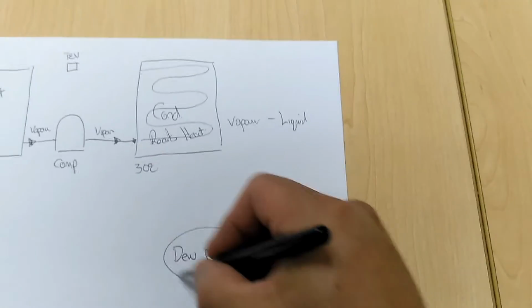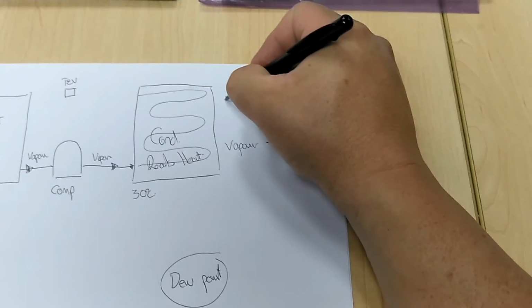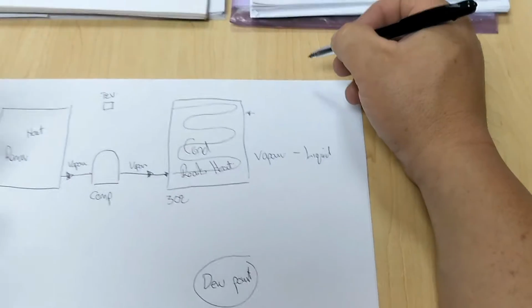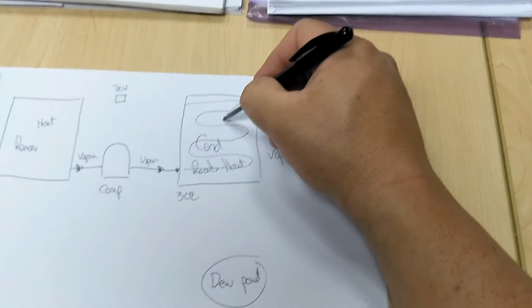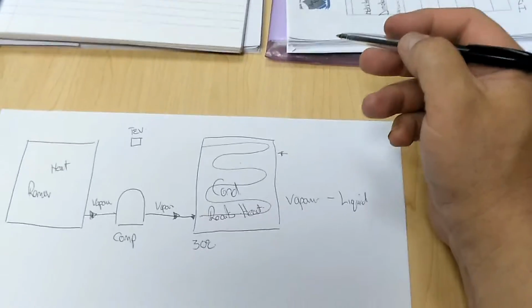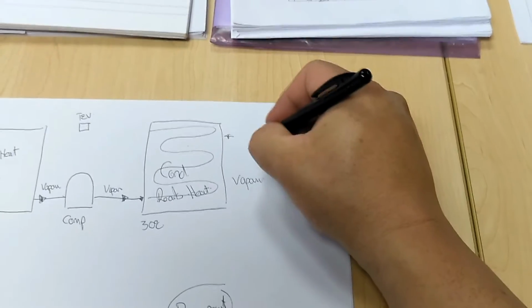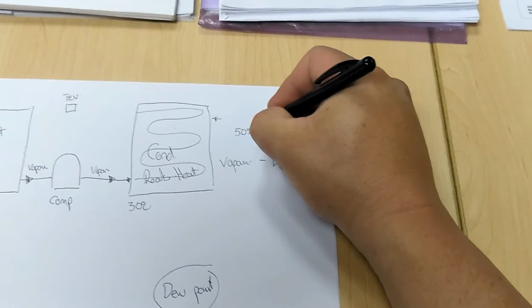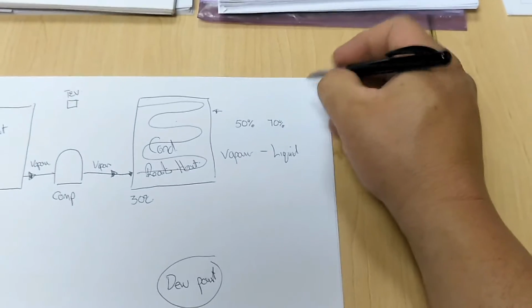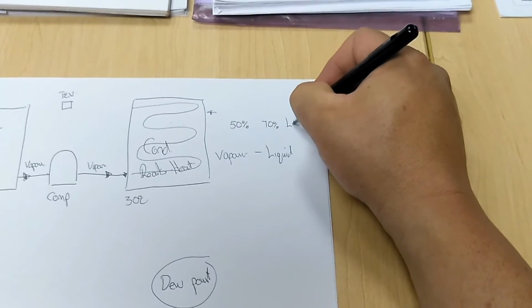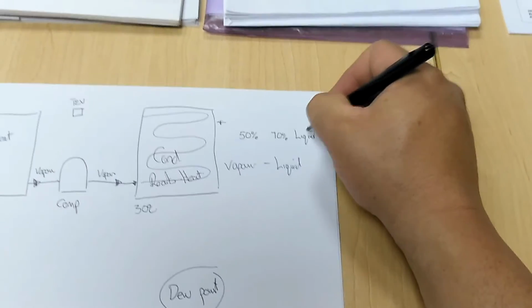Now, this same function takes place within our condenser. The condenser provides a dew point section whereby it changes from a vapor state to a liquid state. We like to mention that anything from at least 50% to 70% of the condenser changes back into a liquid form.